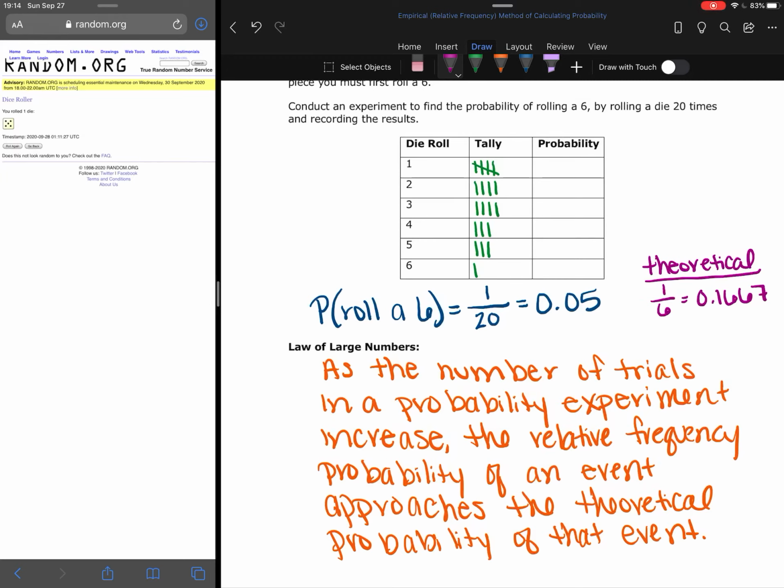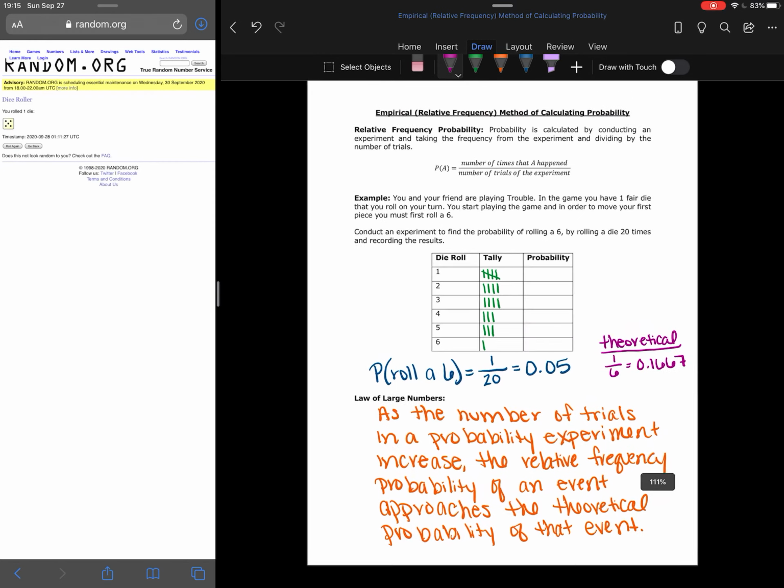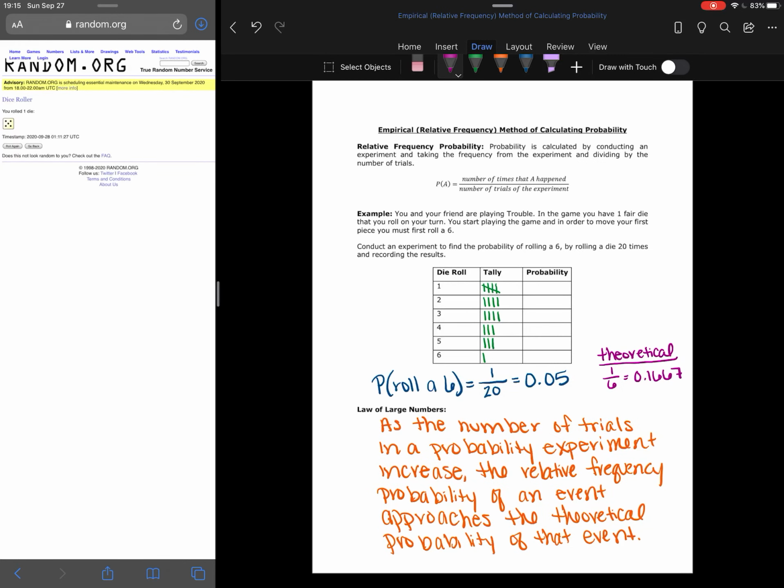So this experimental probability with only 20 repetitions was 0.05. But if I keep running this experiment over and over and over, I keep rolling the die, I'll see that 0.05 start getting closer and closer to the theoretical probability of 0.1667. It may never be exactly that amount, but it's going to get closer and closer and closer to it. And that principle is the law of large numbers. So this is the empirical or relative frequency method for calculating probability.